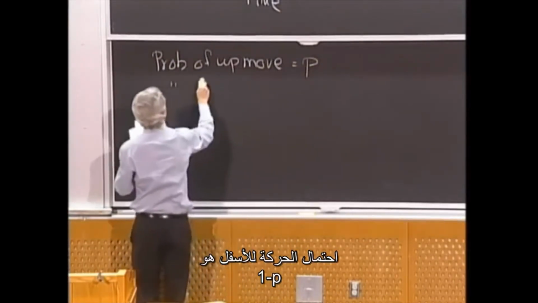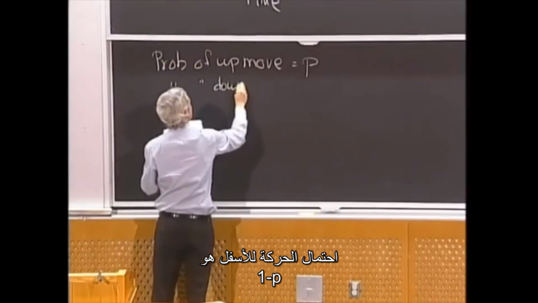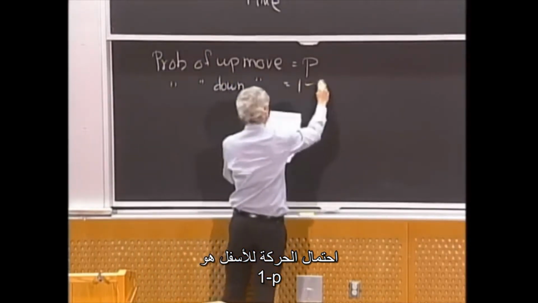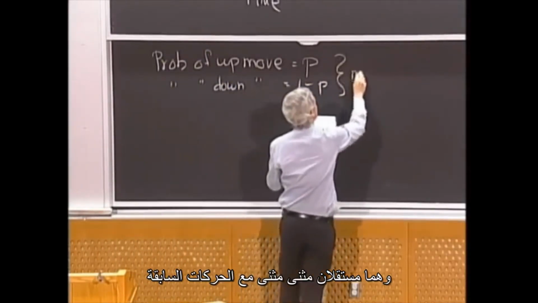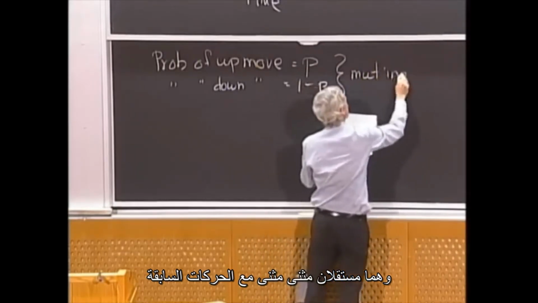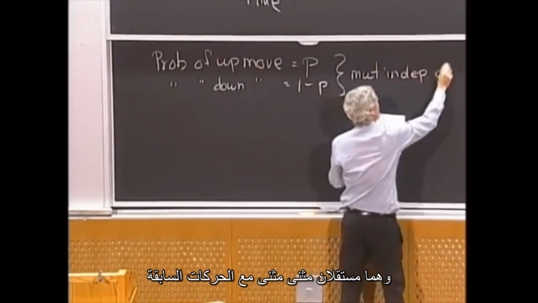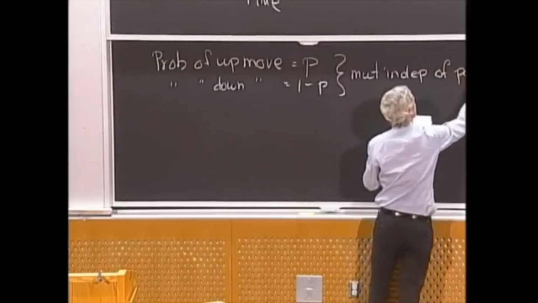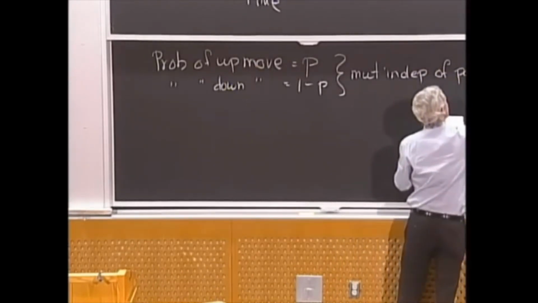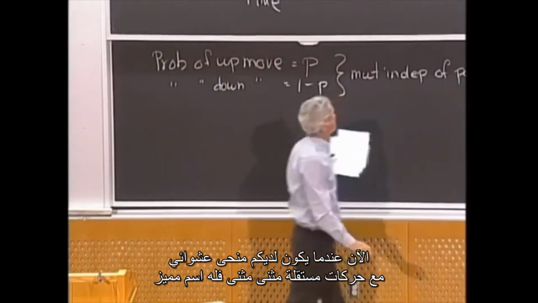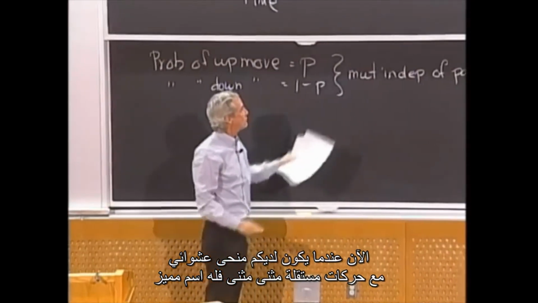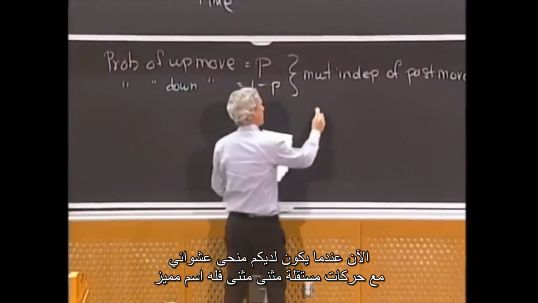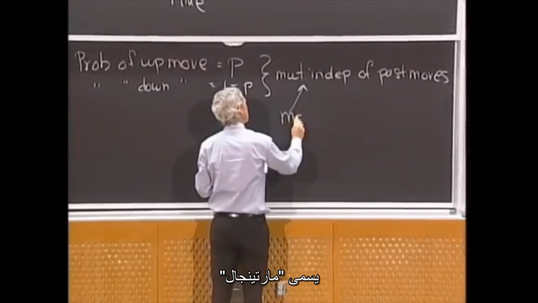The probability of a down move is 1 minus p. And these are mutually independent of past moves. Now, when you have a random walk where the moves are mutually independent, it has a special name. It's called a Martingale.